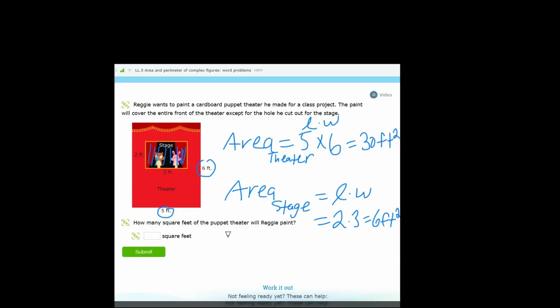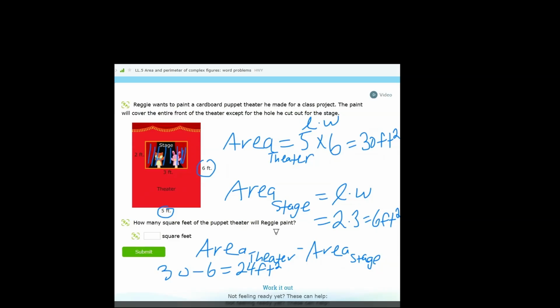And the last thing we're going to do is take the area of the theater and subtract the area of the stage from it. So we have 30 minus 6, and that gives us 24 feet squared, right?